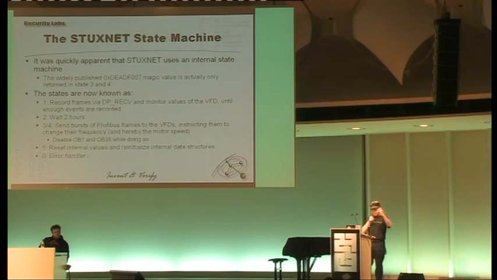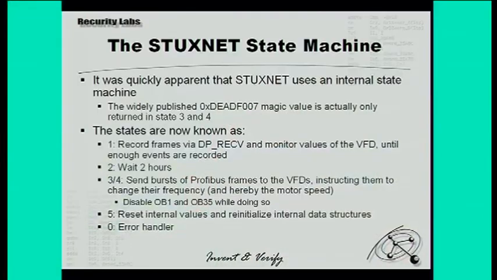However, the first result that I actually had when the disassembler was just partially done was already that the widely published DEADF007 magic value that you could query over the network to find out whether a PLC is Stuxnet infected or not, would actually only return this magic value in case of state 3 or 4 within the 5 cases that it can have, which means it actually only returns this value when it's actually messing stuff up right now.